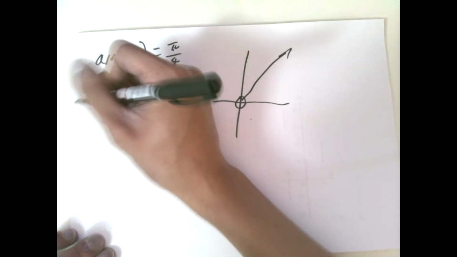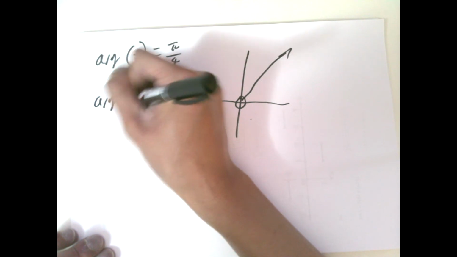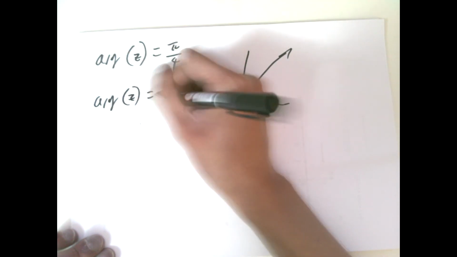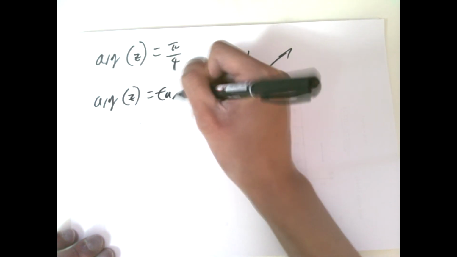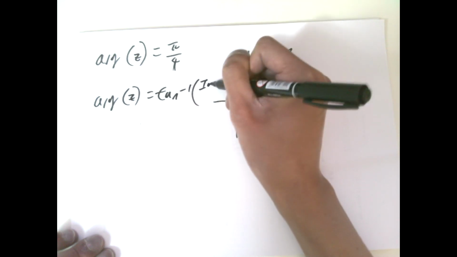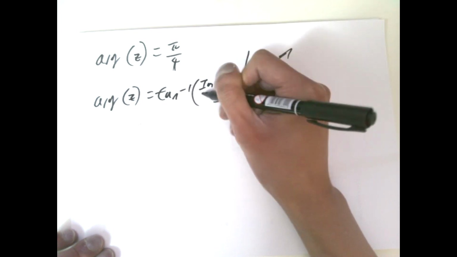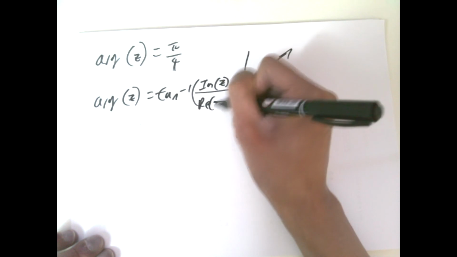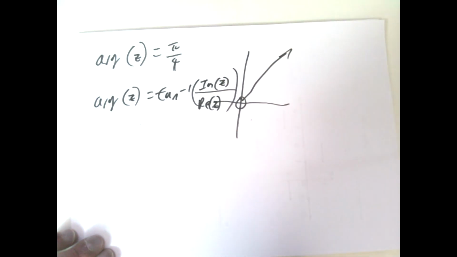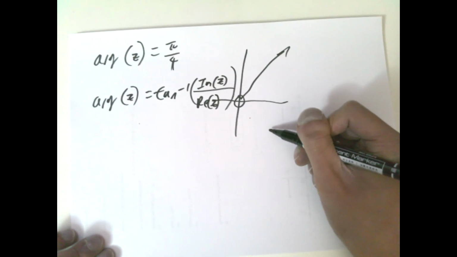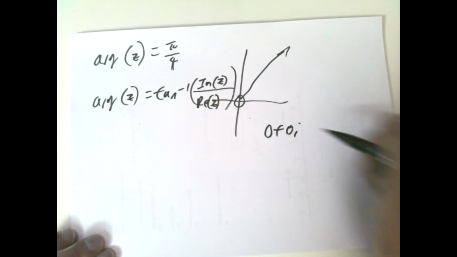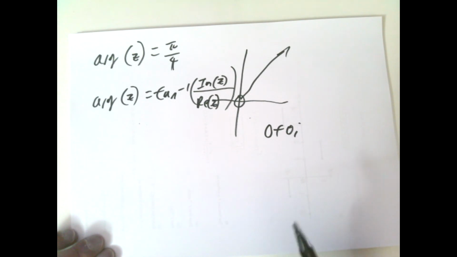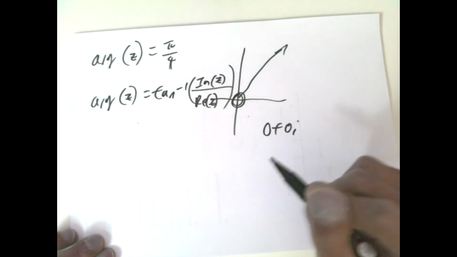The argument of a complex number is always going to be equal to the arctangent of the imaginary component divided by the real component. At the origin, your number is always 0 plus 0i. What is 0 divided by 0? Indeterminate. So we have to exclude this one singular point.